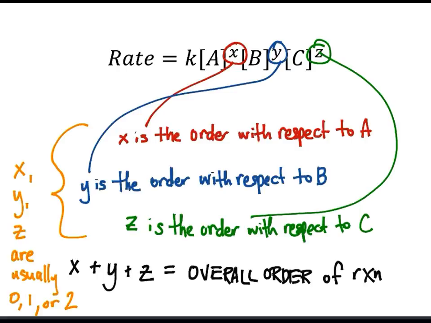And as I mentioned, those values are usually 0, 1, or 2.